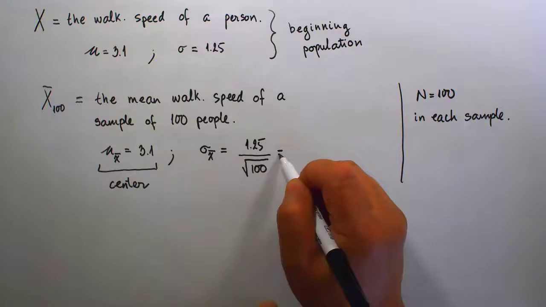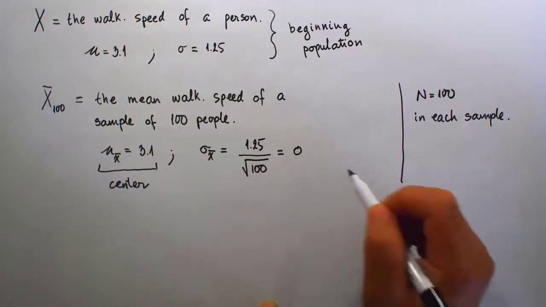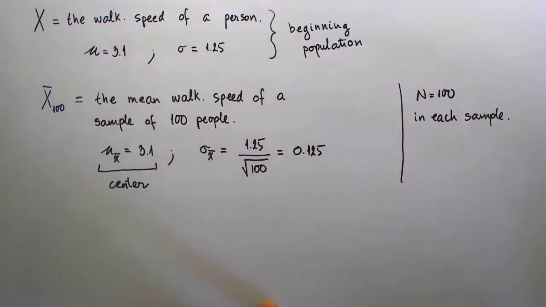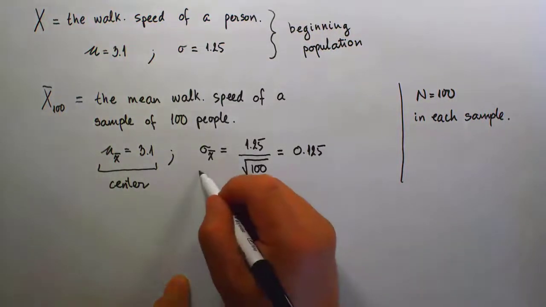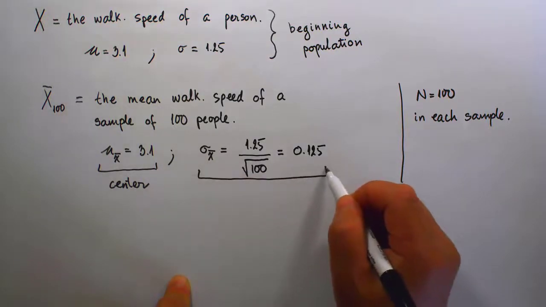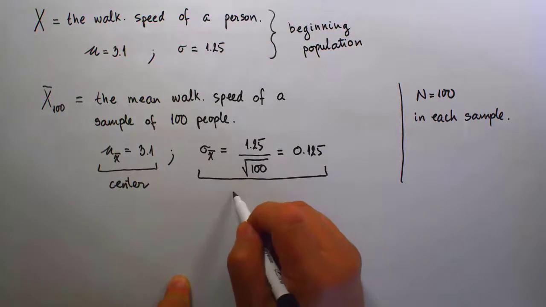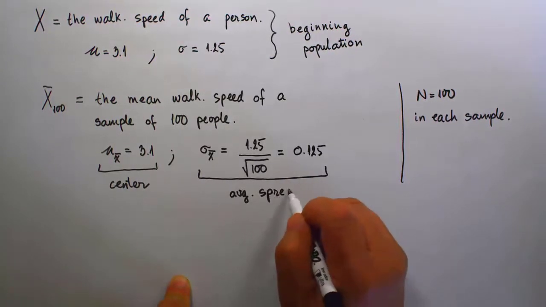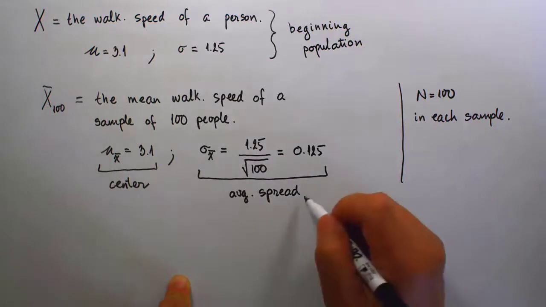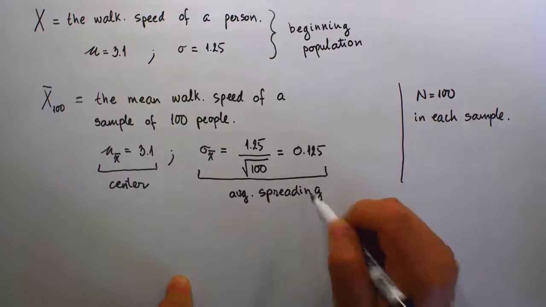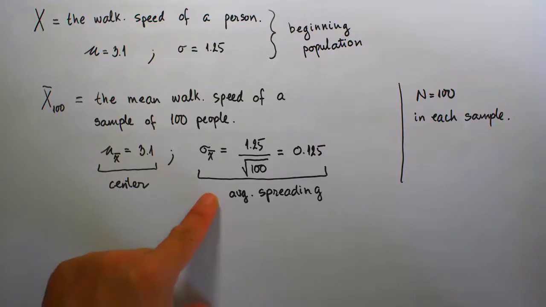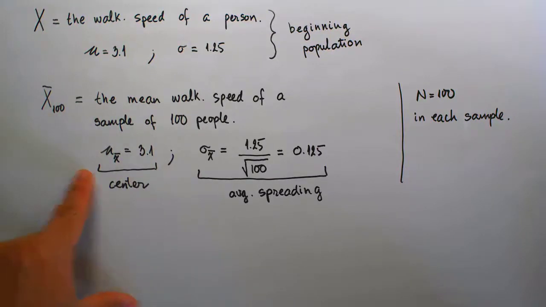The calculation comes out to be 0.125. The meaning of sigma x bar is the average spreading, or for short, the average spread of all sample mean values from the center. So now we know center, and now we know average spread.